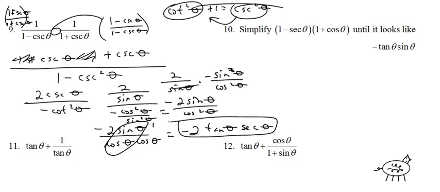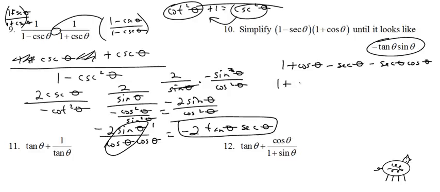Alright, the next one is to simplify that until it looks like negative tangent theta sine theta. So obviously we're going to FOIL, and this is kind of what I'm going to be talking about tomorrow. Alright, so it's 1 plus cosine theta minus secant of theta minus secant theta cosine of theta.